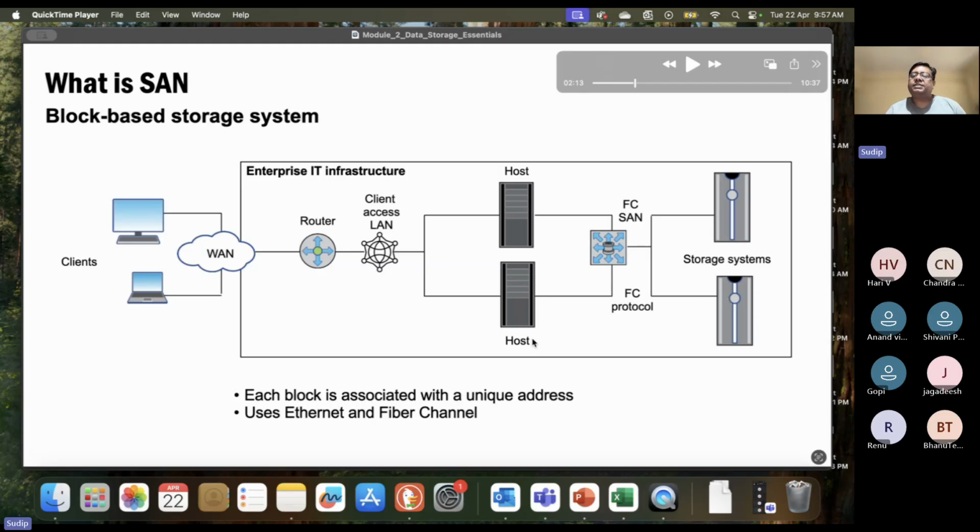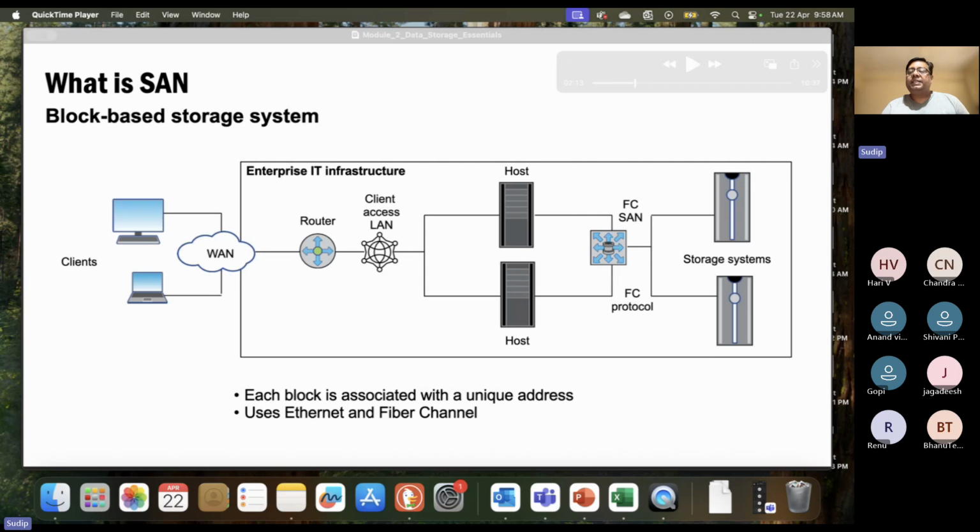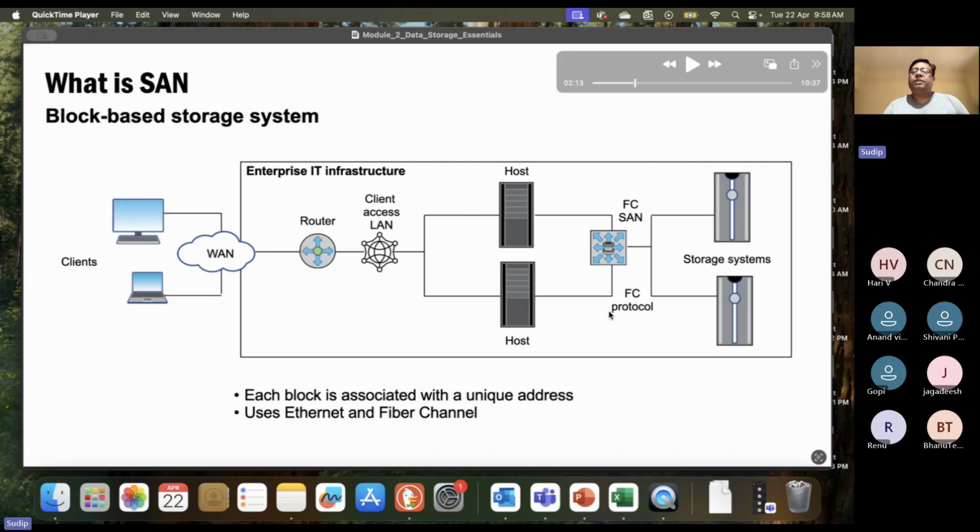Without these servers in the front, these storage systems will not work on their own. It is not possible. Hence, a SAN will always need storage plus servers. And when the amount of storage is really, really high, you will need a dedicated network just to connect these storage systems to these multiple servers.